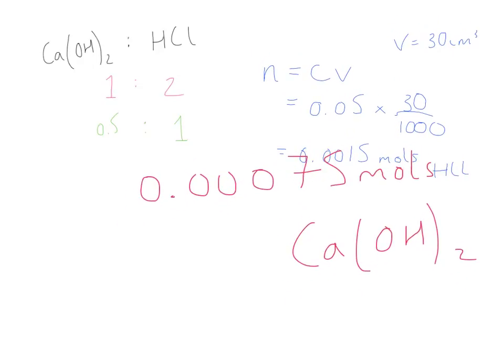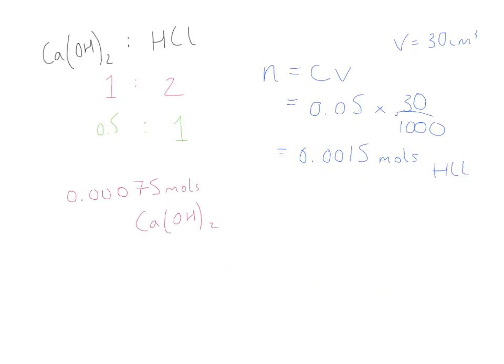Then the next and final thing for this part that it asks us to do is, that's in 10 centimeter cubed, so how many moles would there be in 1,000 centimeter cubed, which is 1 decimeter cubed? So if I'm going from 10 centimeter cubed to 1,000 centimeter cubed, that's a factor of 100.